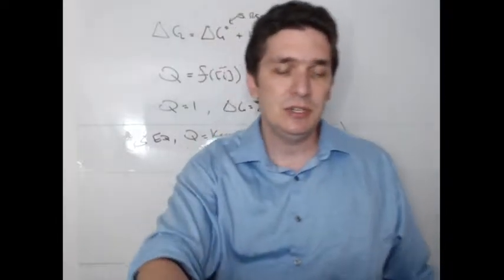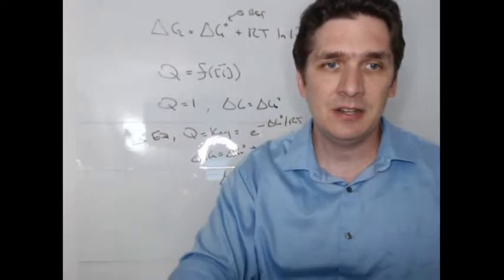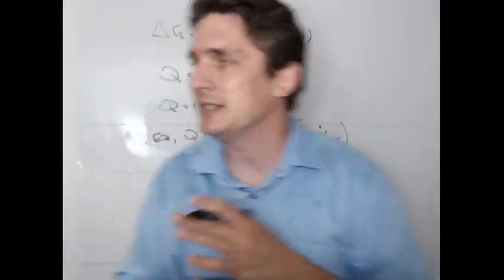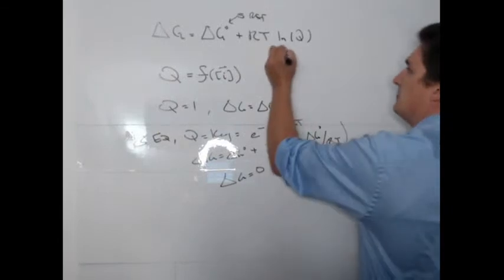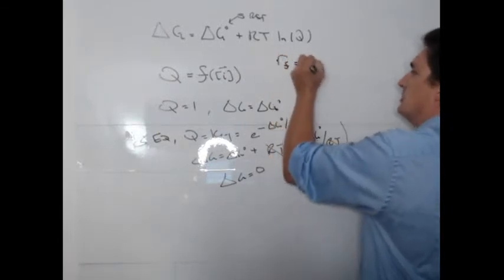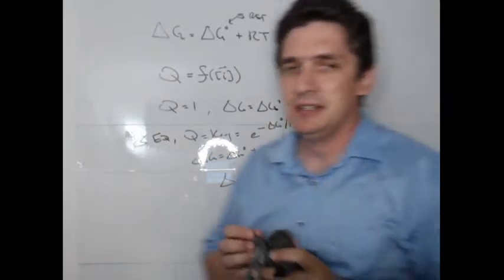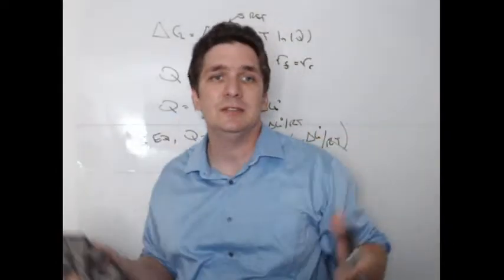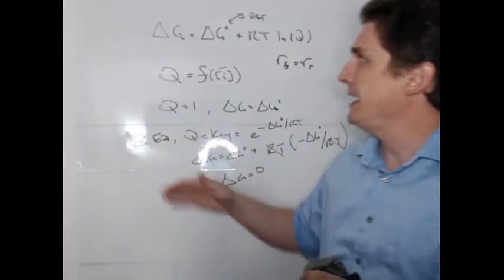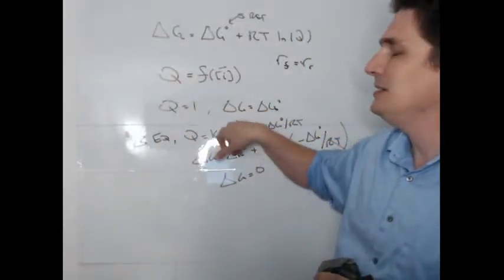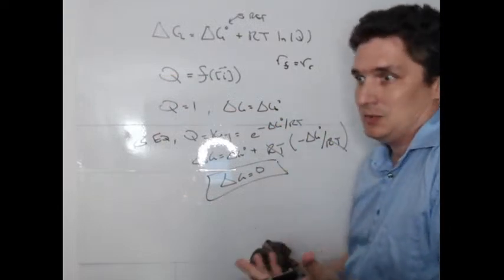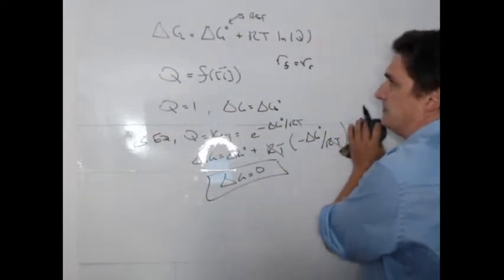And the reason it equals 0 is that fundamentally there's no preference for forward or reverse reactions. At equilibrium, the rate of the forward reaction equals the rate of the reverse. So for delta G to be non-zero, it means that we've either got too many products or too many reactants relative to equilibrium. So if you're being asked to find delta G with Q, inherently it has to not be at equilibrium. Otherwise, you're just going to have this condition, delta G equals 0. That's always true at equilibrium.